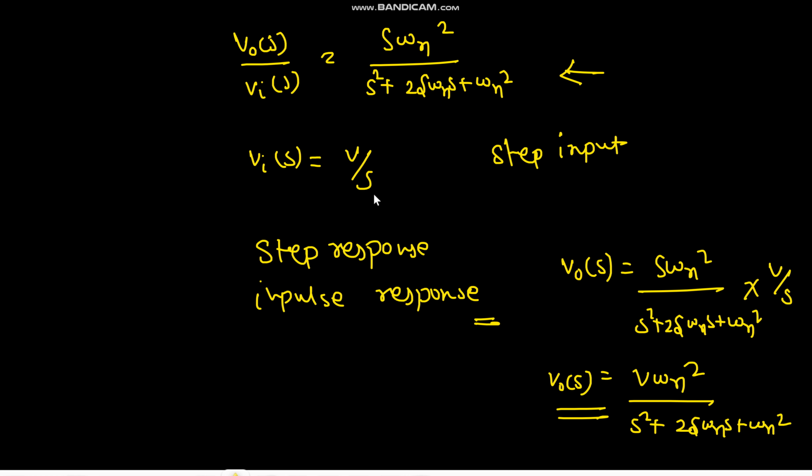So even though we are applying the step input, if our transfer function is having a zero, our output response would look something like the impulse response of a second order system. You got this point. This is a very important point, so this video is very important.